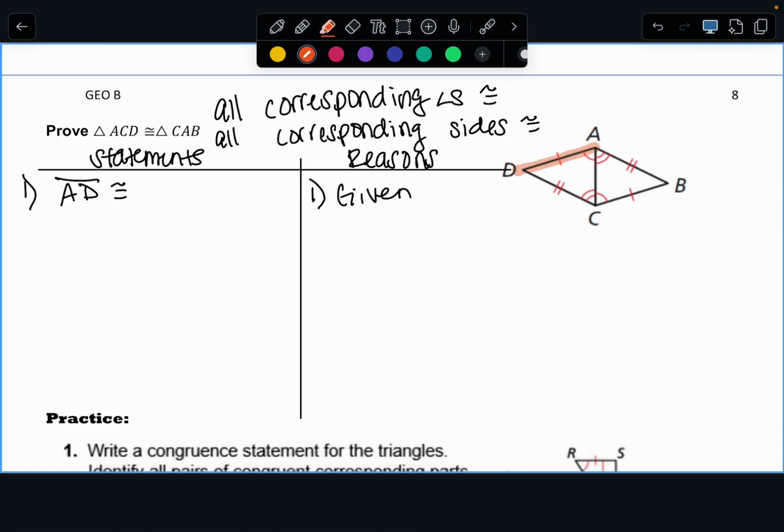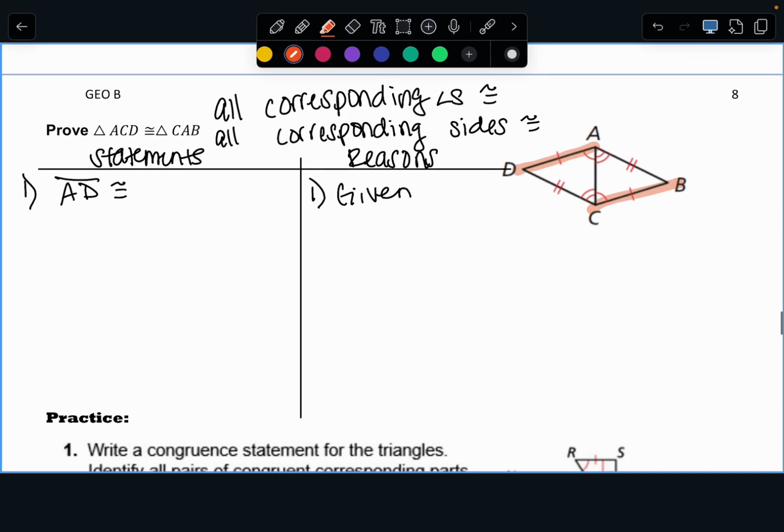What other line has one hash mark? BC. Pause for 1 second, because I want to put this in the right order to match my triangle. So AD, should it go with BC or CB? CB, just so I don't have to switch it around later to make it match.